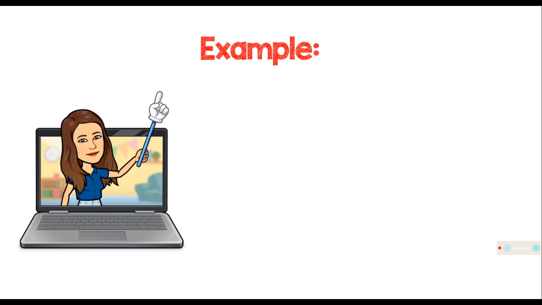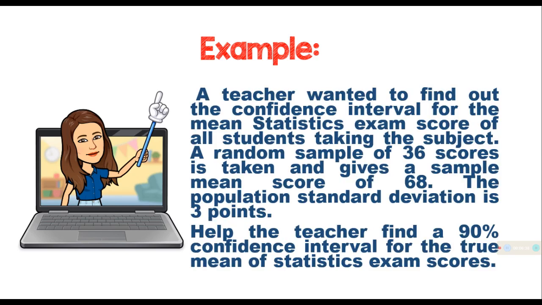Now, for the example, a teacher wanted to find the confidence interval for the mean statistics exam score of all students taking the subject. A random sample of 36 scores is taken and gives a sample mean score of 68%. The population standard deviation is 3 points.